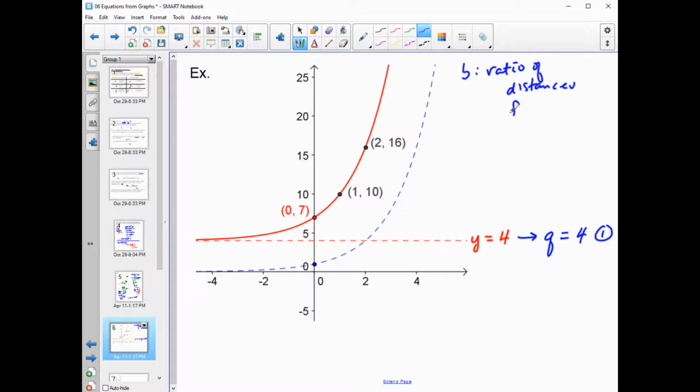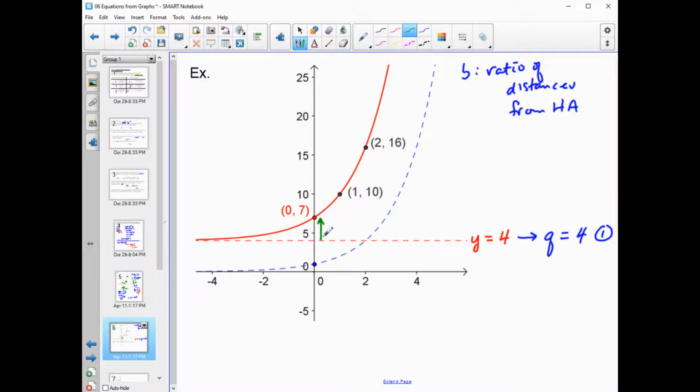And those are the distances from the horizontal asymptote. And it's really not that much more difficult than what we were doing before. The only difference is now instead of just reading these y coordinates straight off, I have to come up with distances from the asymptote to that y coordinate.